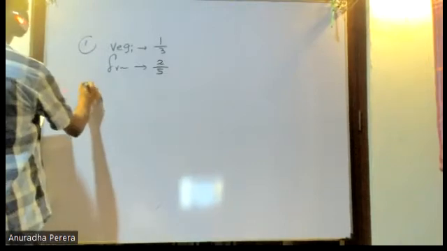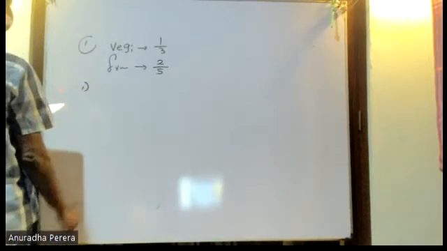The first question: what fraction of the total amount was allocated for the cultivation of vegetables and fruits?